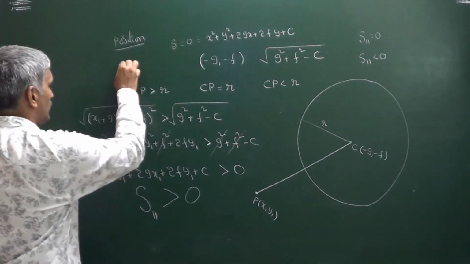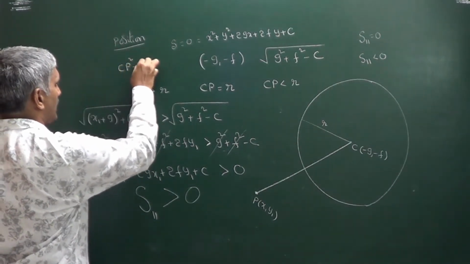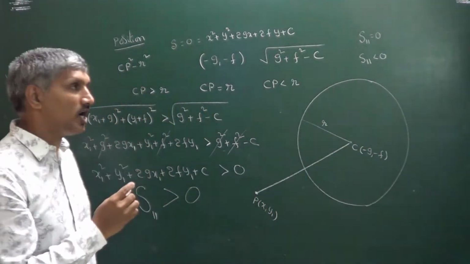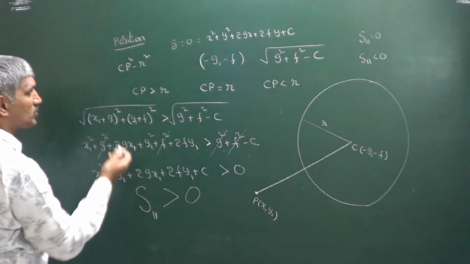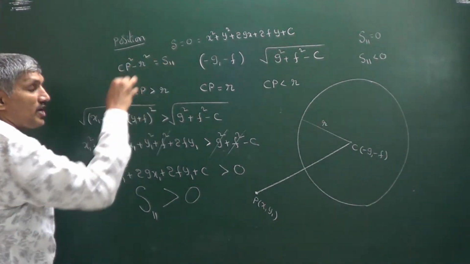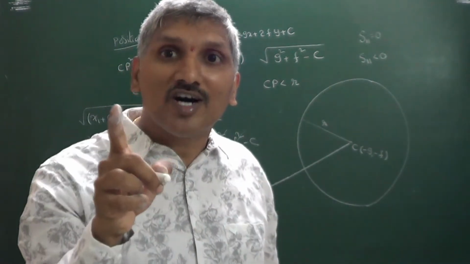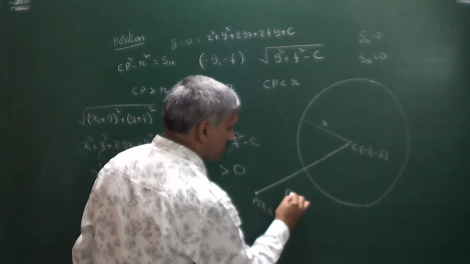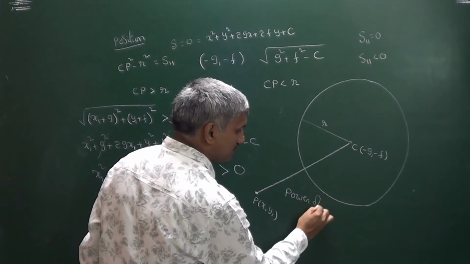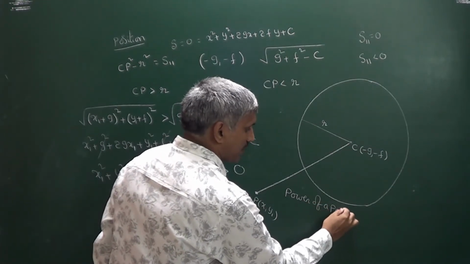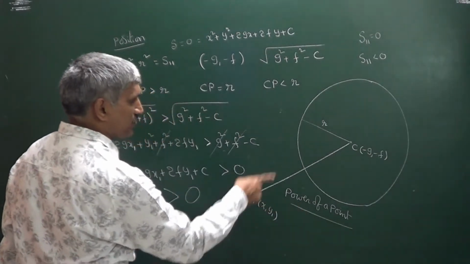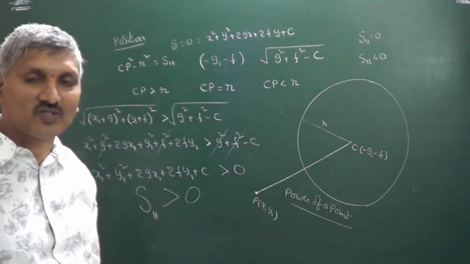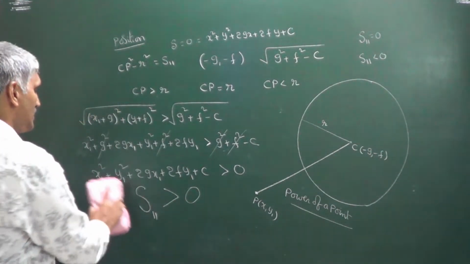So here we are saying CP square minus R square, that only we got here as S11. This CP square minus R square is called the power of a point with respect to the circle S equal to 0. The power of a point P(x1, y1) with respect to the circle S equal to 0 is nothing but CP square minus R square, that is S11.